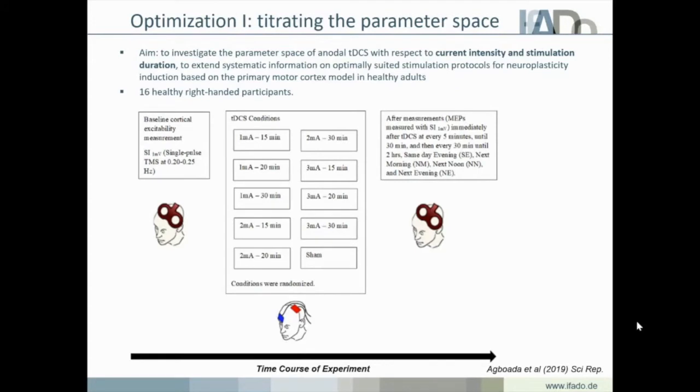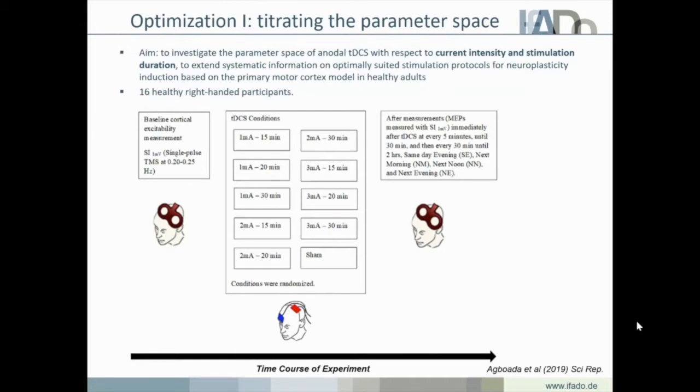So we titrated this expanded parameter space, and this was the experimental procedure. We first measured baseline cortical excitability with TMS-induced MEPs, and then we applied our intervention, which is a combination of the 3 current intensities, 1, 2, and 3 milliampere, and 3 durations, 15, 20, and 30 minutes, and compared these protocol combinations with sham, which was 1 milliampere stimulation for 15 seconds.